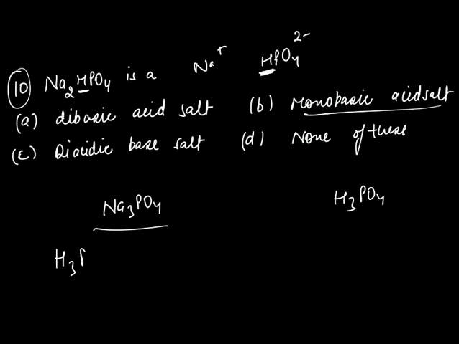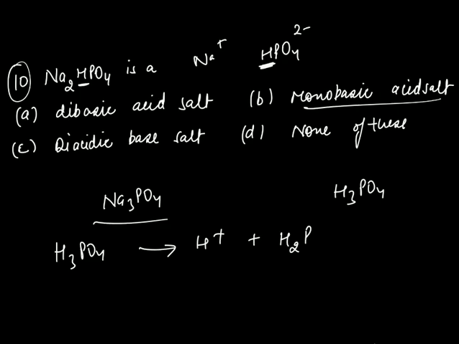H3PO4 is not going to release all the 3 H positive ions in one go. It's going to be a step-by-step process. So H plus, then you have H2PO4 minus.